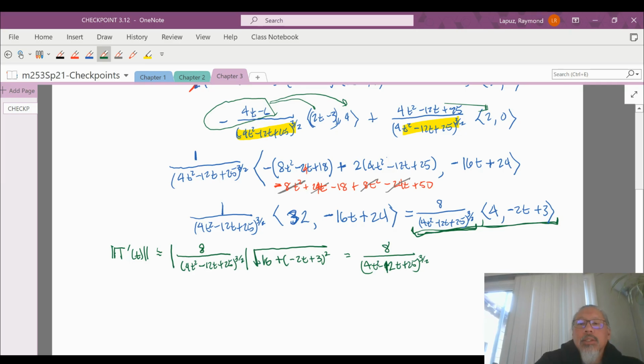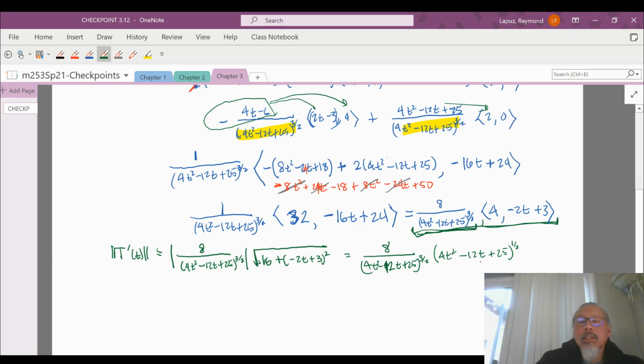And now this thing is raised to the 1/2 power, but if you FOIL it all out, this is exactly going to be 4t squared minus 12t, and then 9 plus 16 is 25. So this is a square root, which is raised to the 1/2 power, and half of that disappears.